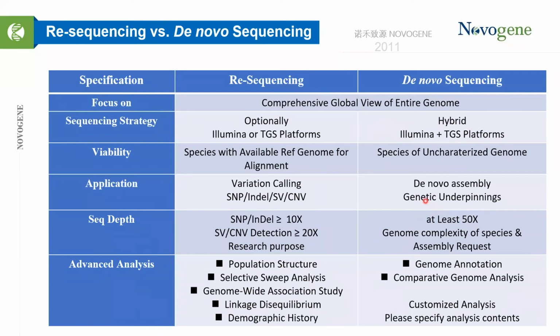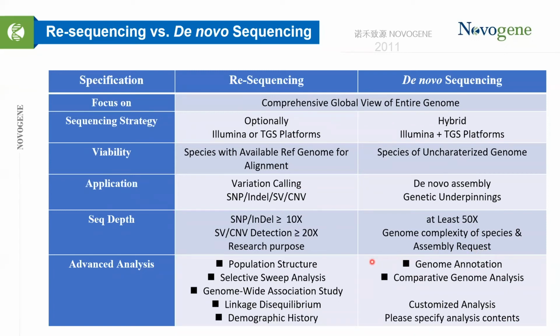The sequencing depth for the resequencing is predominantly determined by the research purpose and the variation calling, ranging from 10 times to 20 times or higher, while at least 50 times sequence depth is required for de novo sequencing, and it could be up to 100 times per the genome complexity of species and the assembly request.